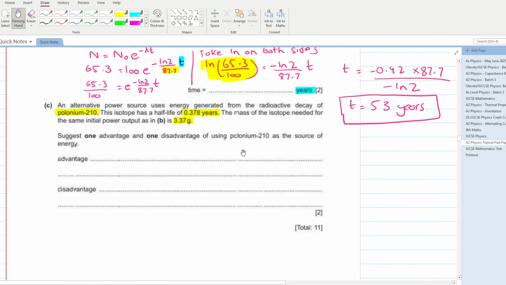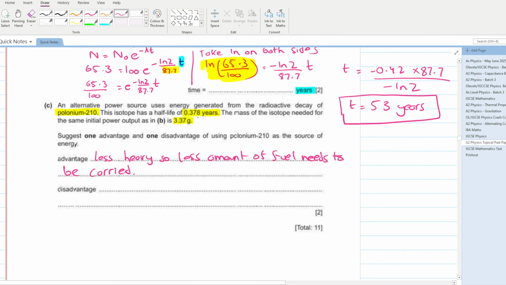So state one advantage and one disadvantage of polonium-210. One advantage that I can see right off the bat is that it is less heavy, so a smaller amount of fuel needs to be carried. What is a disadvantage?